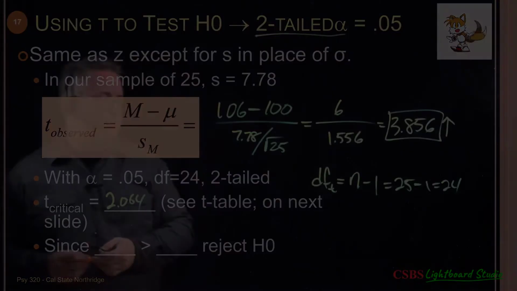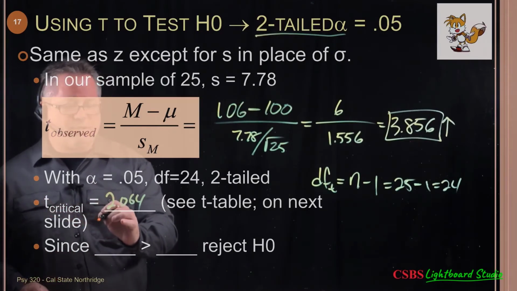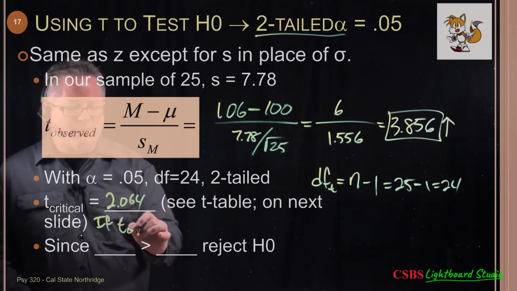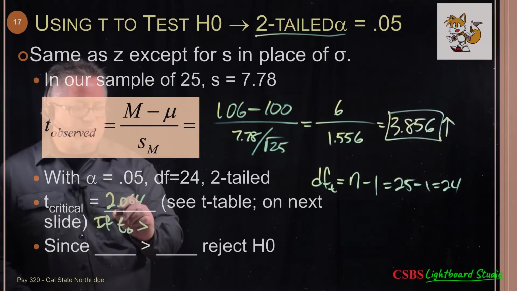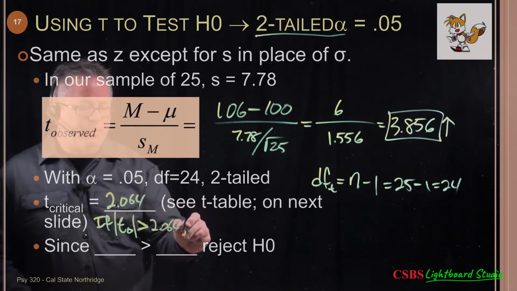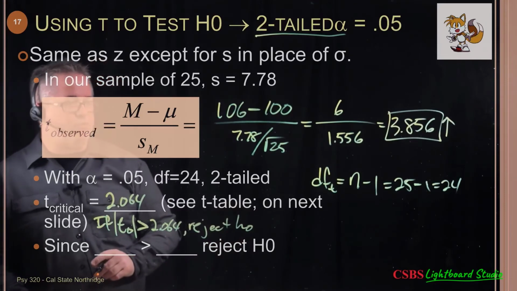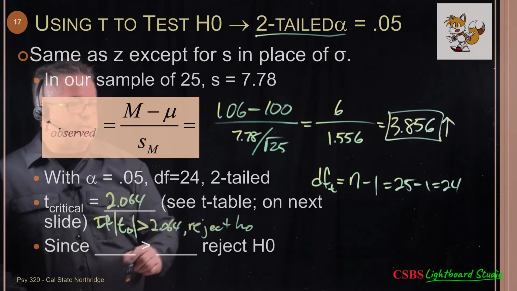My decision rule, which I don't really have here, would be something like: if my T observed, let's say TO, is greater than, since this is two-tailed, the absolute value of T observed is greater than 2.064, I'm going to reject the null. That's my decision rule. If T observed is greater than 2.064, I'm going to reject the null hypothesis.